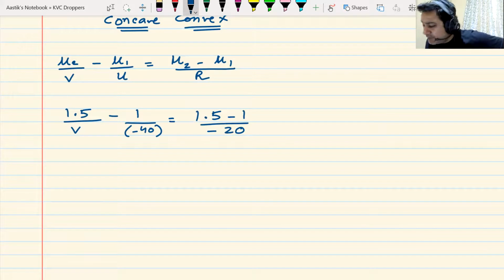I'm just writing whatever I remember from the question. Let me check with the question. U is minus 40 in air, radius of curvature concave. You just put the values, get the answer and stay happy. I think if you solve it, you are getting the answer as minus 20 centimeters. Yes or no?